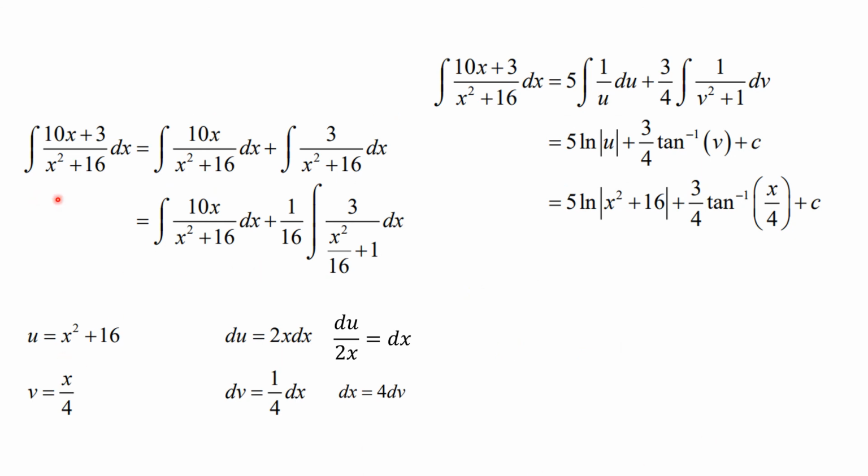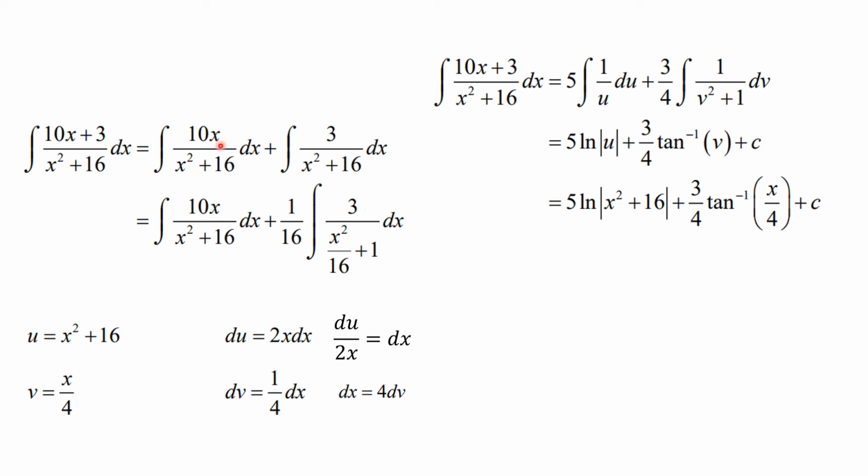Alright, here is this example. We're going to do this term by term, but you notice that there are two terms, so I divide this denominator into the numerator. So this is 10x over this plus 3 divided by this. So you see I have two integrals to do, and they're going to be different.